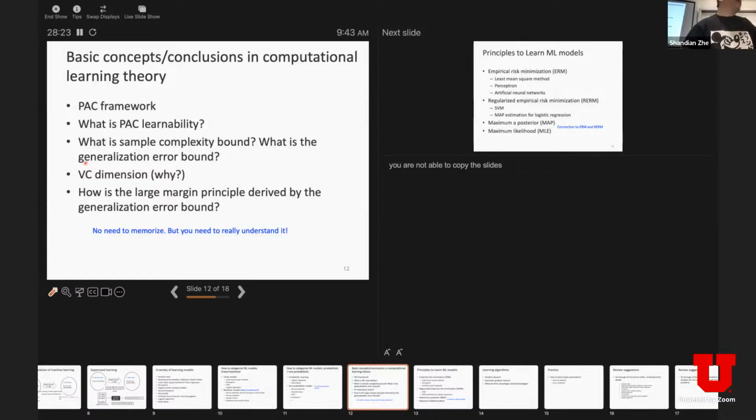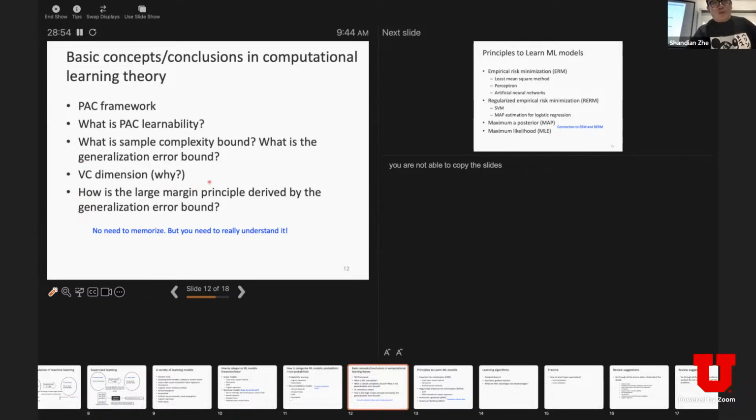What if your hypothesis space is infinite? Then your sample complexity bound will become meaningless, right? In that case, we have to introduce an alternative measure, which is called VC dimension. Okay? So please do not forget the definition of VC dimension and the general procedure to find the VC dimension for a class of classifiers, right?